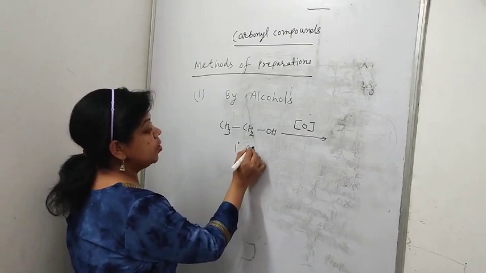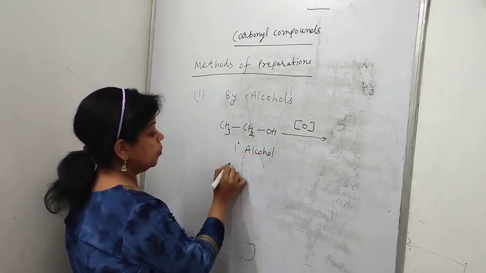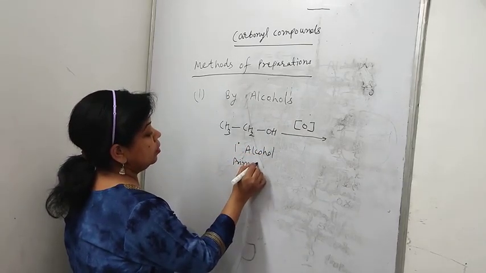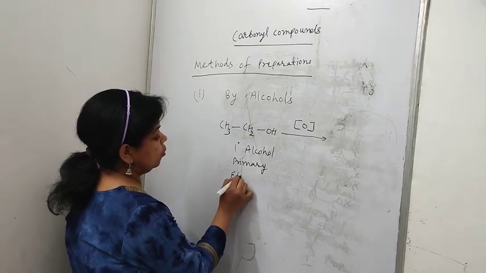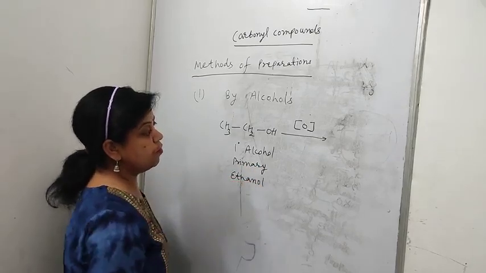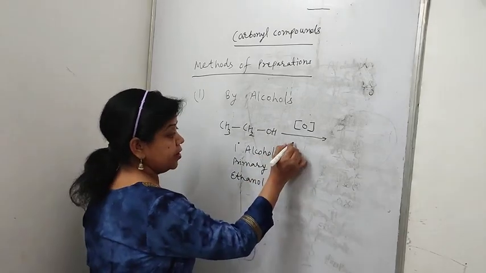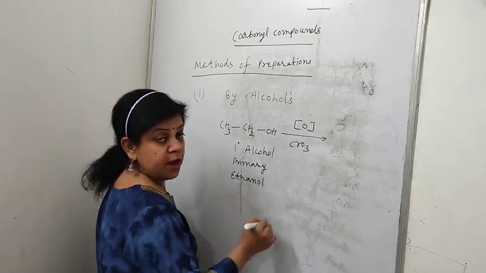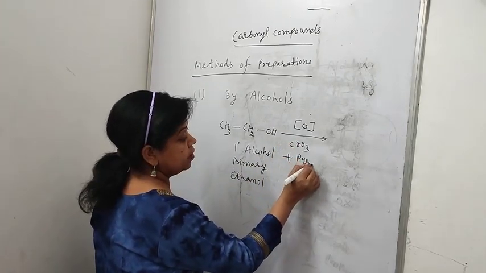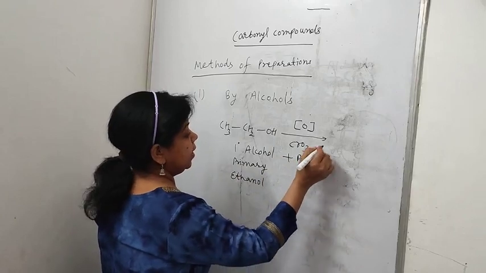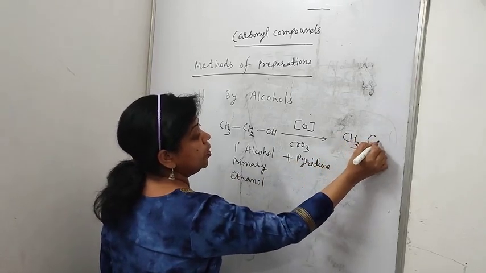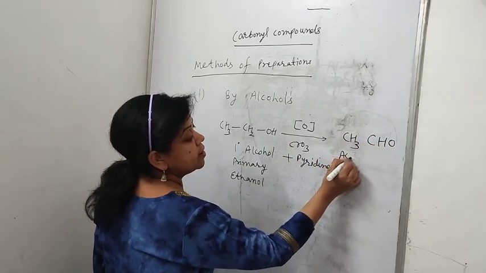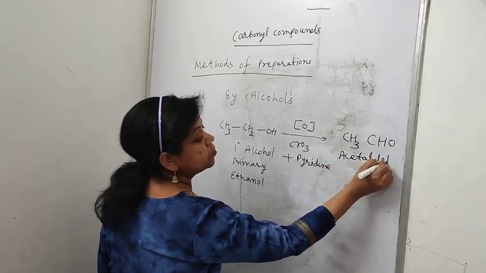This is 1 degree alcohol, primary alcohol, and the name of this alcohol is ethanol. When we use mild oxidizing agent CrO3 plus pyridine, then we will be able to get acetaldehyde.